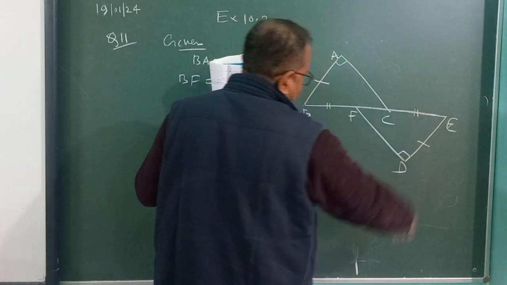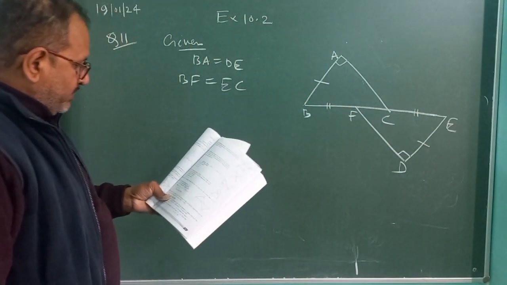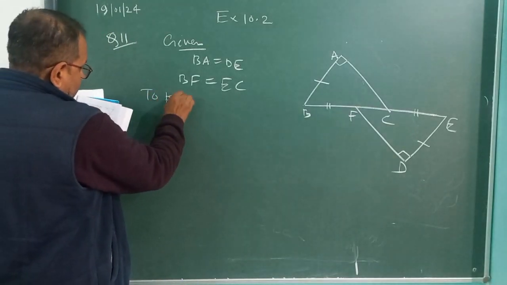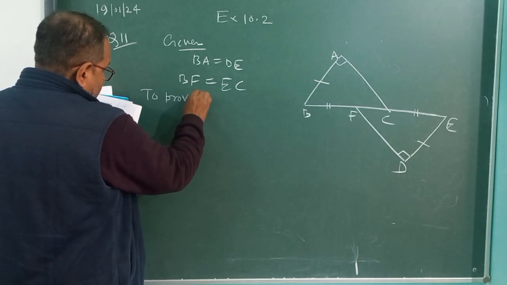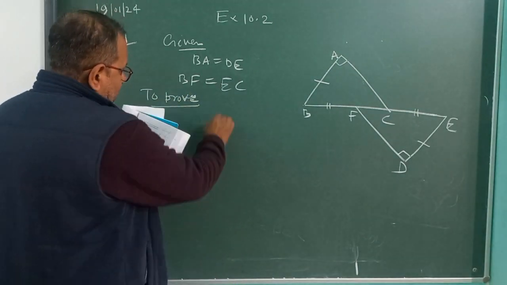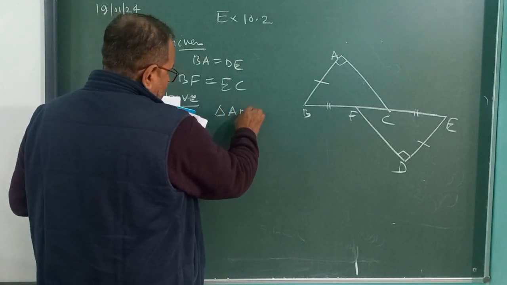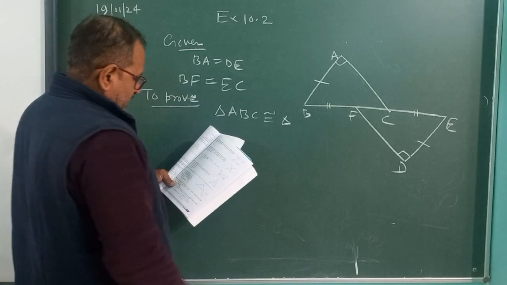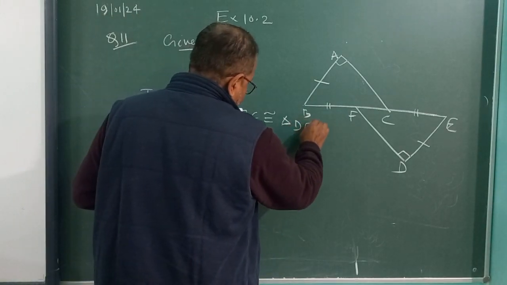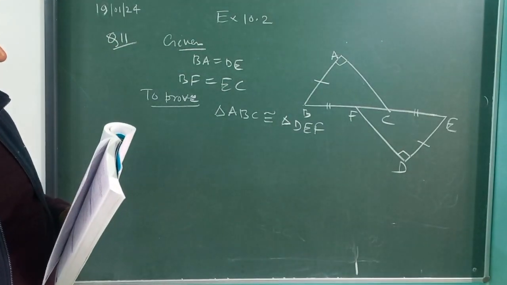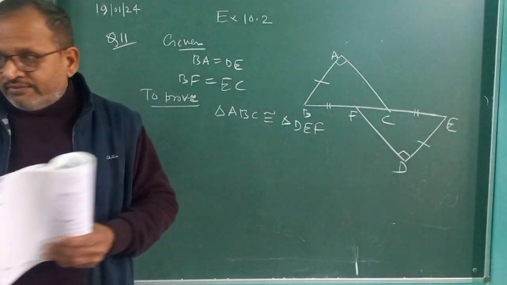BF and EC, these two parts are equal. We have to prove that triangle ABC congruent triangle DEF.